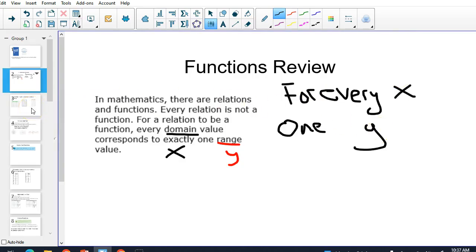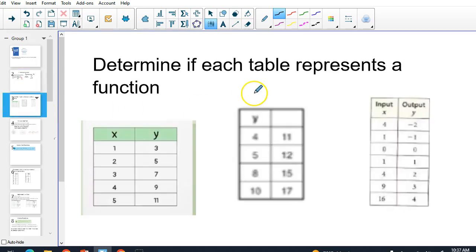Okay, so let's look at some examples of that with tables. Alright, so if I want to determine if these relations are functions or not, we need to figure out if every x value only has one y value. So to do that, if I have a single x of 1, it has a value. I have a single x of 2, it has a value. We're good.